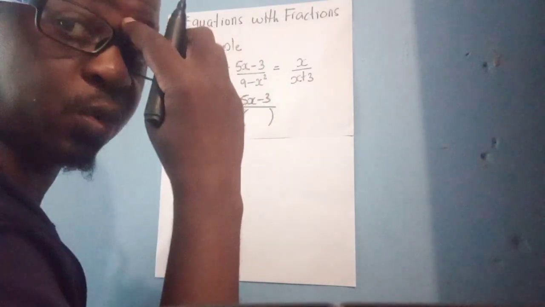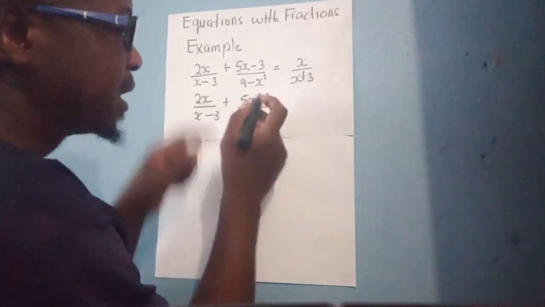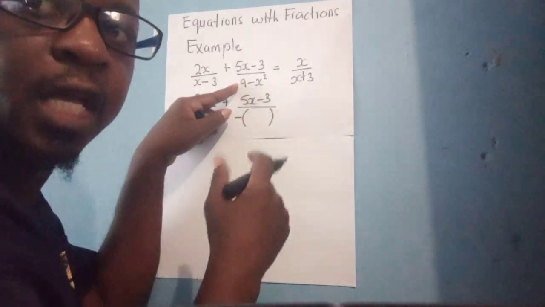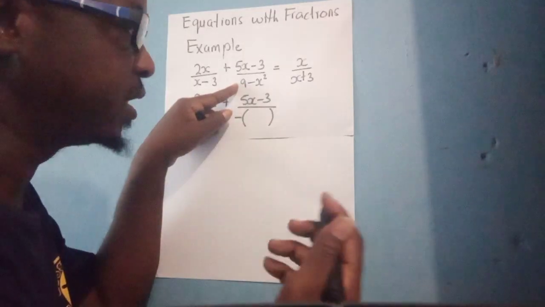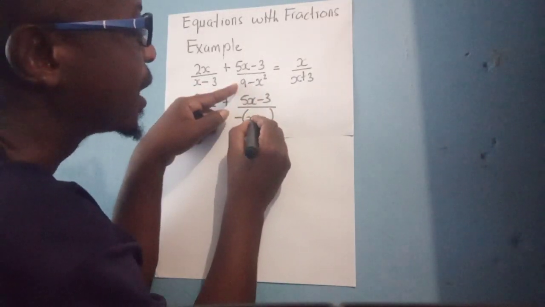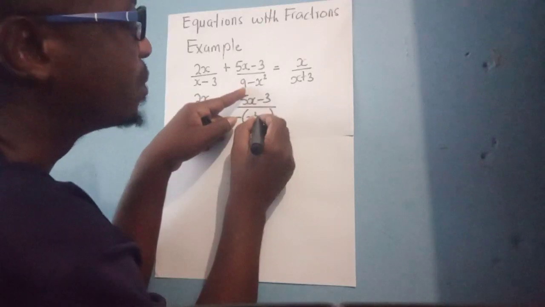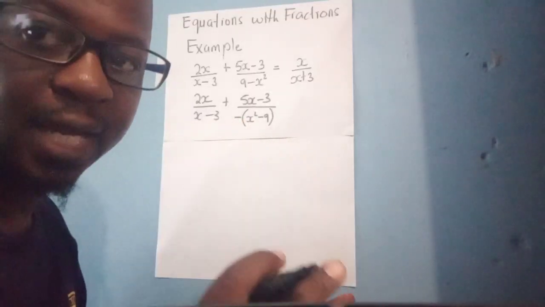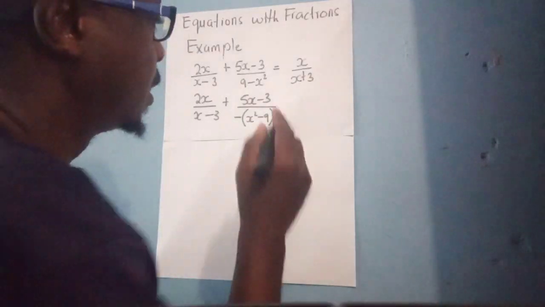What does that do? Now each and every term here, the sign is changed. So this one becomes a plus x squared, and the 9 becomes a minus 9. When I take out the negative here, the sign is going to change.